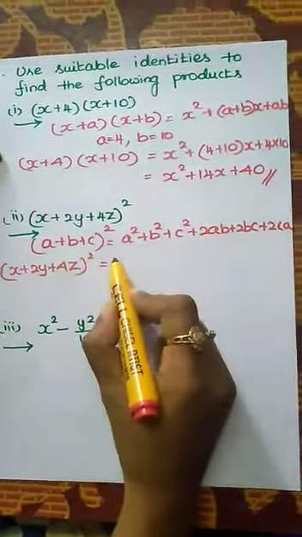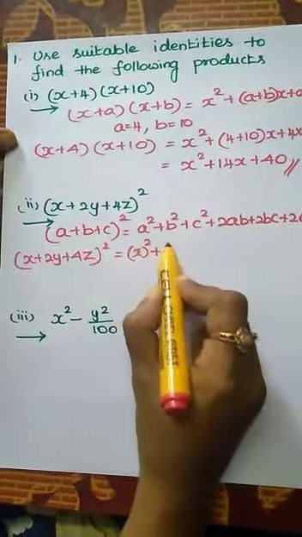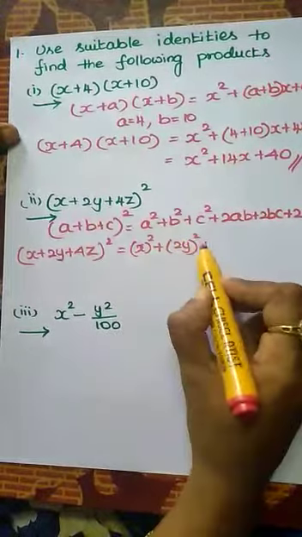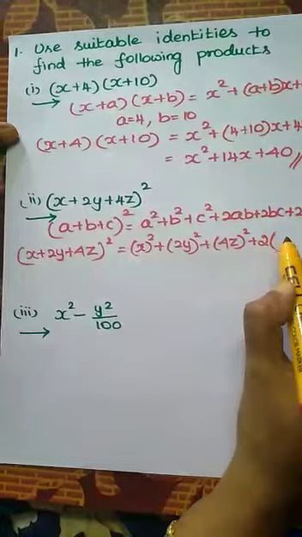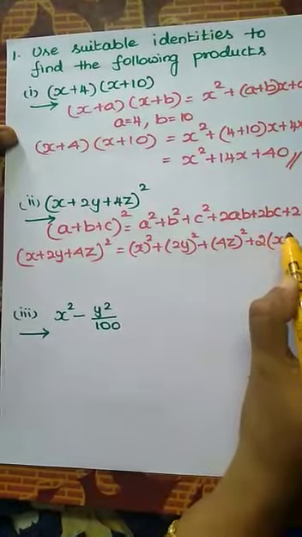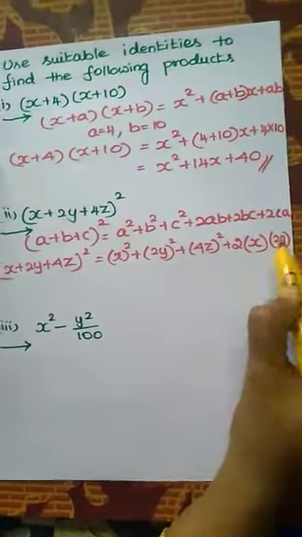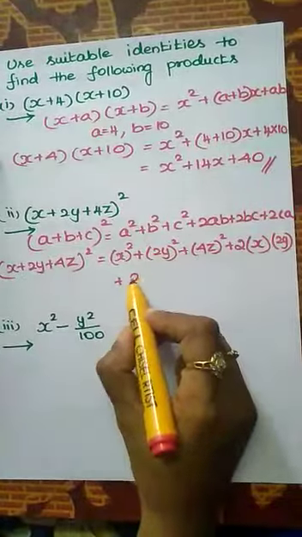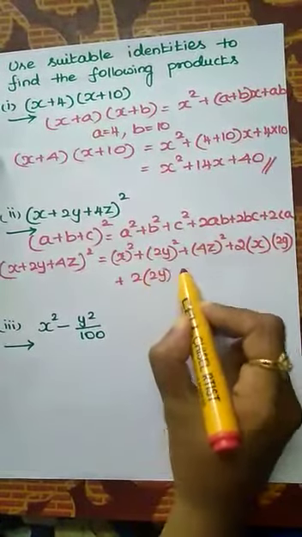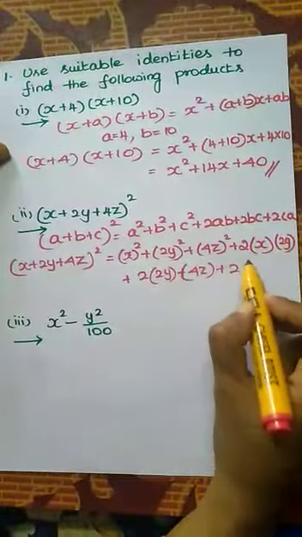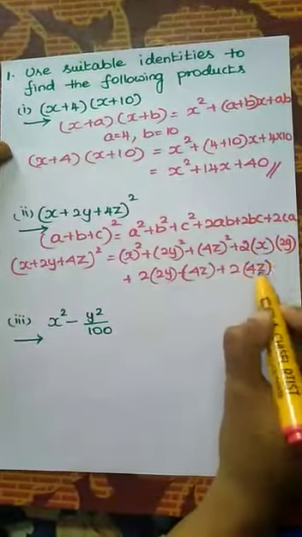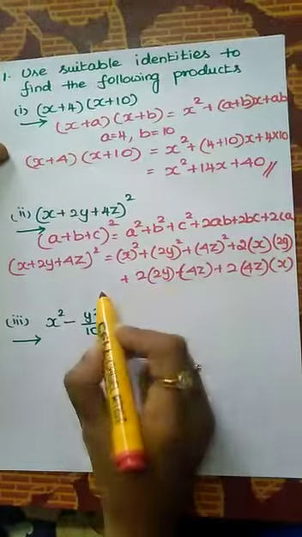So we have to take a value, that is x, b value 2y, the next value c value 4z, plus 2 of a into b. What is our a value? X. B value 2y. Plus 2bc. B value is 2y and the c value is 4z. The next one, 2ca. C value is 4z. Our a value is x.